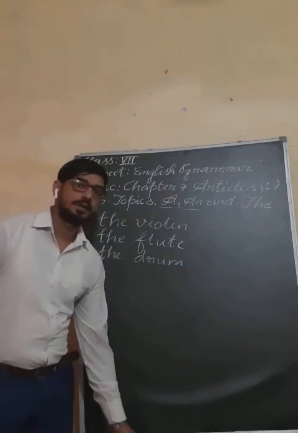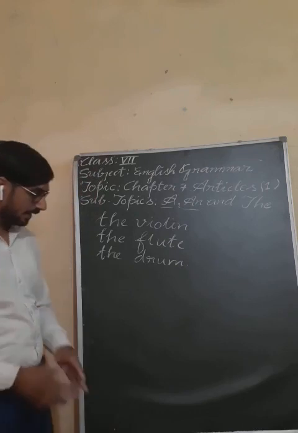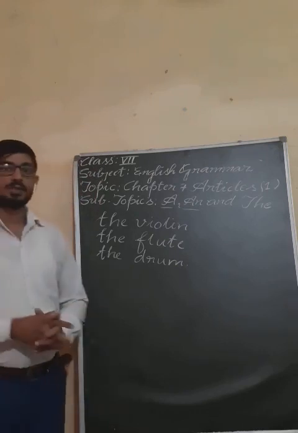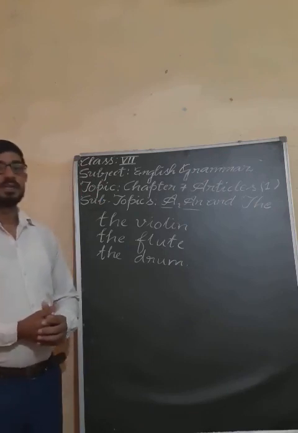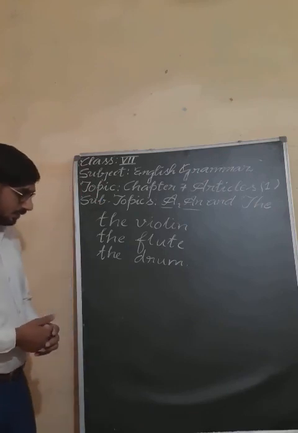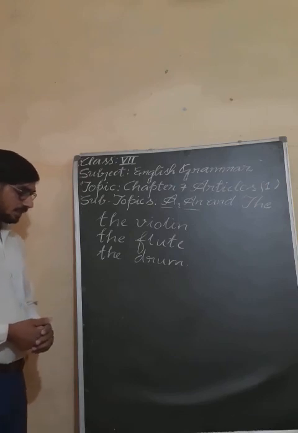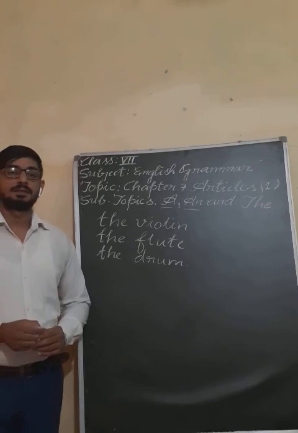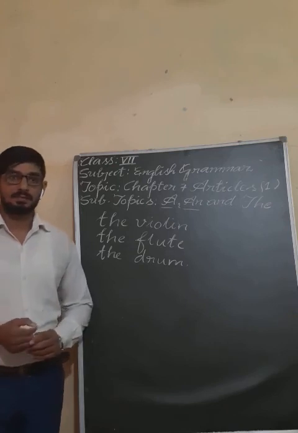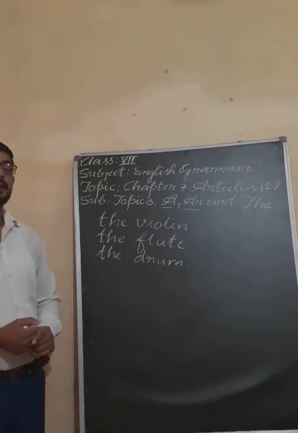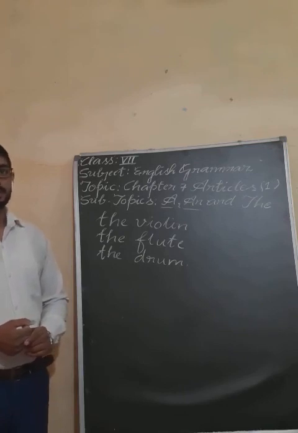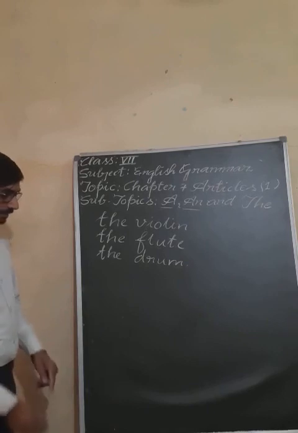So recapitulate whatever we have read in this chapter. We can use a and an with singular countable noun, a with consonant sound and an with vowel sound. Understand? If in a sentence the word has come first time, we will use a, after that a and an, if it will be repeated we will use the. Understand?